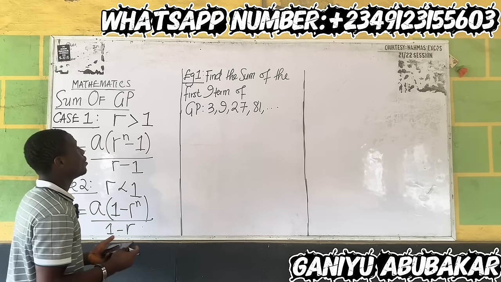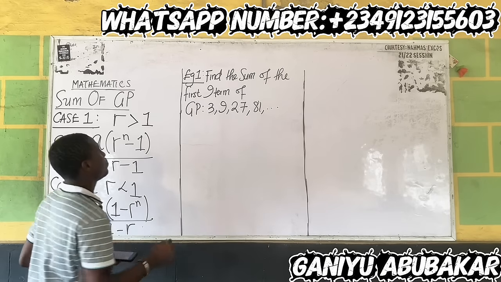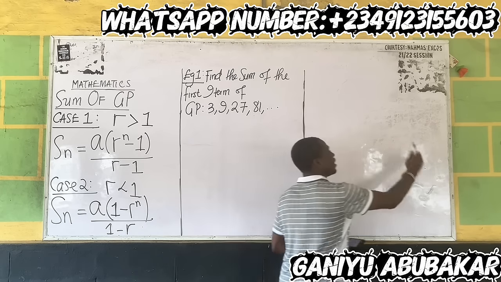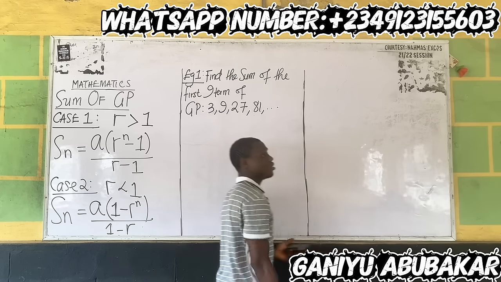I'm asked to find the sum of the 9 terms of this GP. So if I count 1, 2, 3, 4, 5, 6, 7, 8, what will be at that 9th position? I'm asked to find.